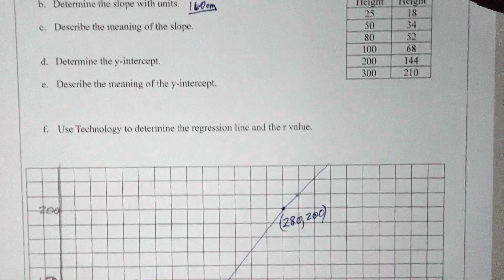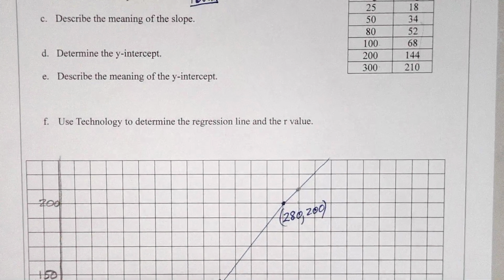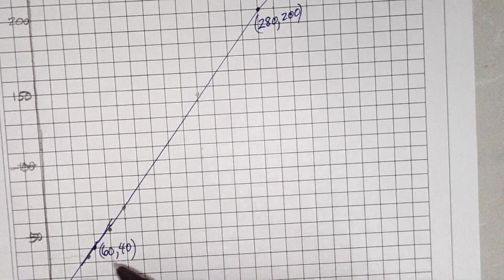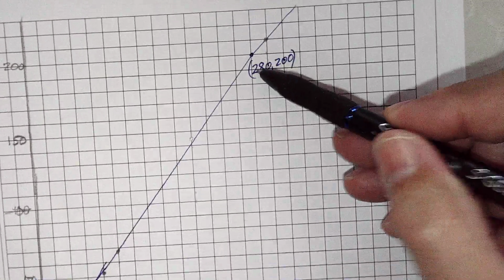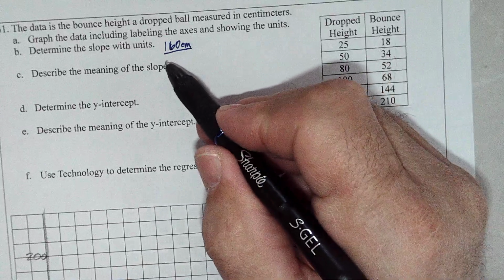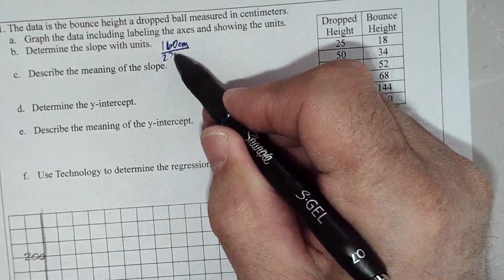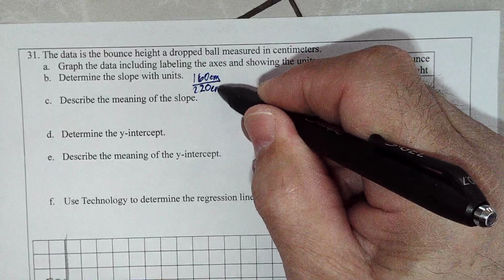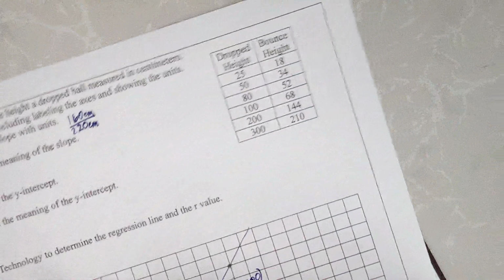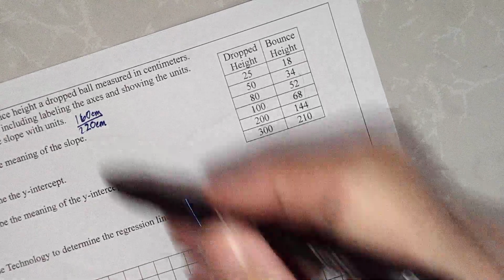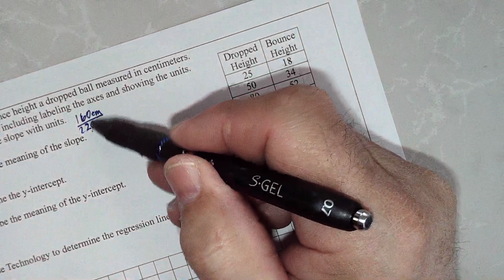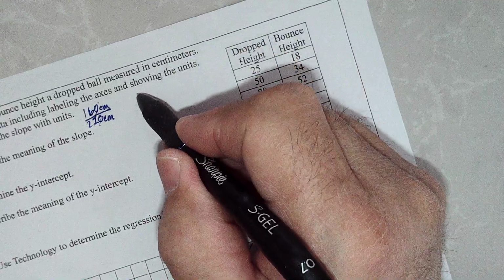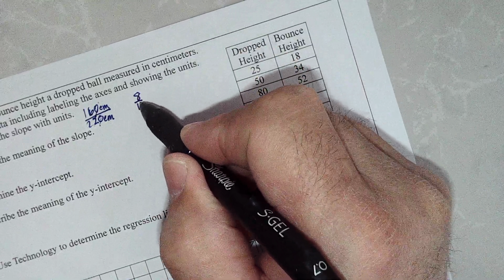Centimeters more bounce height when I change from 60 to 280, which is 220 more drop height. Let's see. 10 goes into both of those, and that would make it 16 over 22, and 2 would go in those. It'd be 8/11ths.